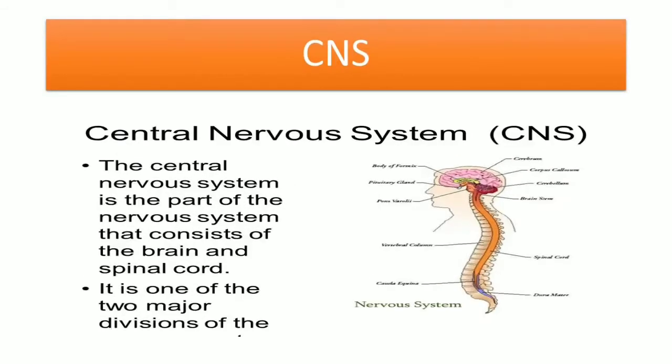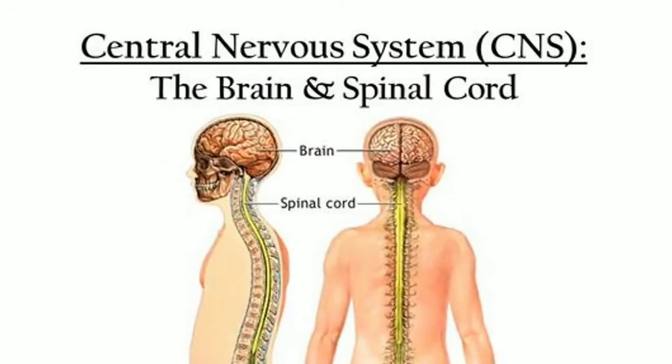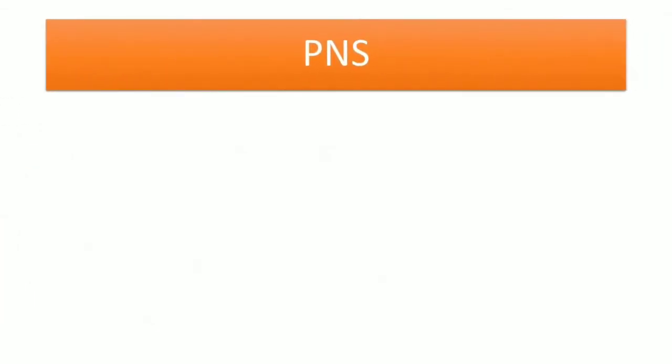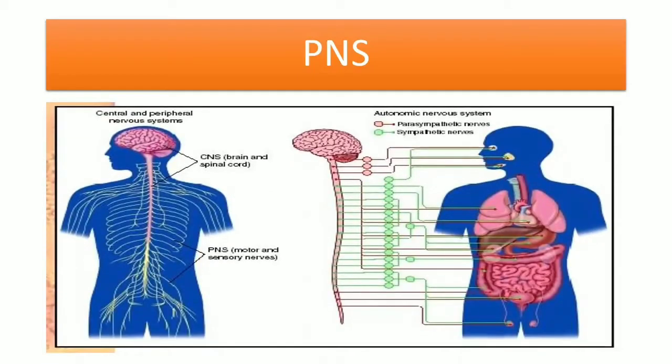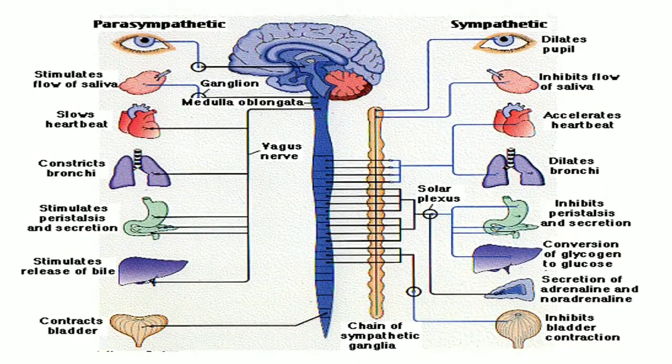Now the central nervous system, what it is, and the parts of the nervous system are well explained in it. Moving on, the brain and the spinal cord are the most important part of the central nervous system. The peripheral nervous system includes all the nerves related to your motor and sensory activities, transferring messages to your body parts.